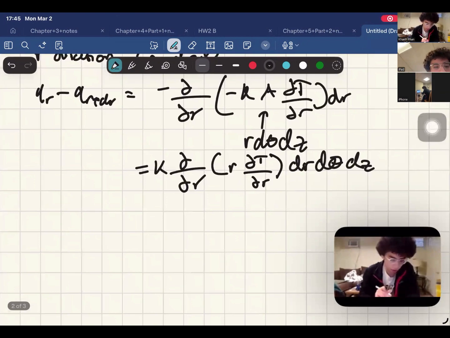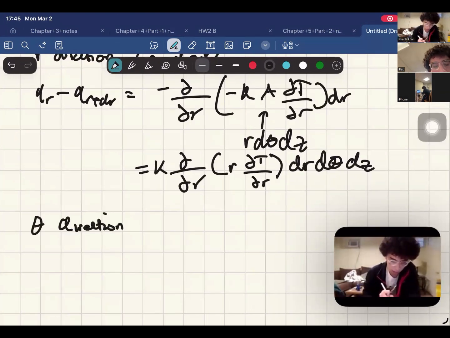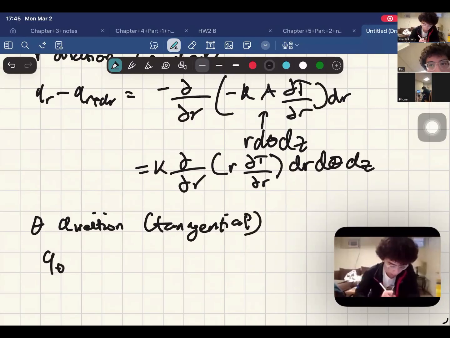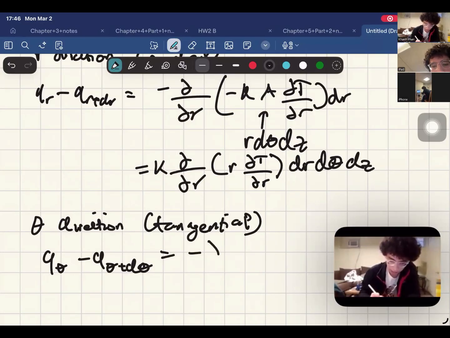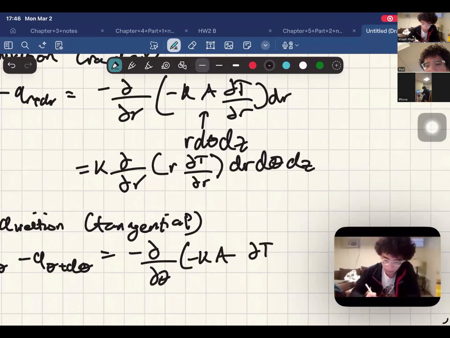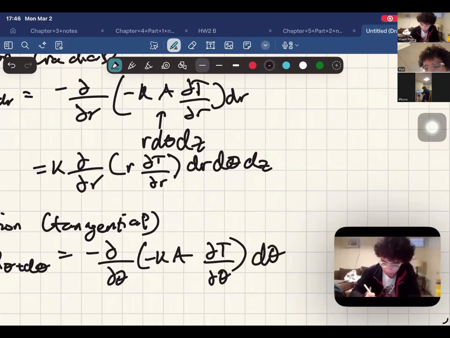And finally, we talk about the theta direction, or tangential. So q theta minus q theta plus d theta is equal to negative k area times dT d theta times d theta.